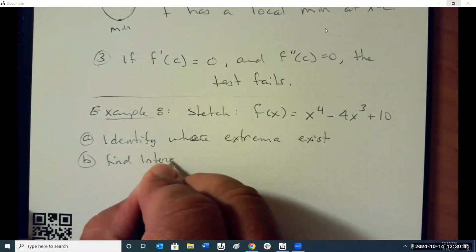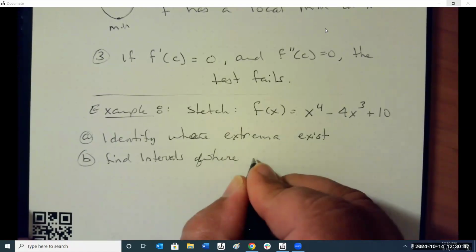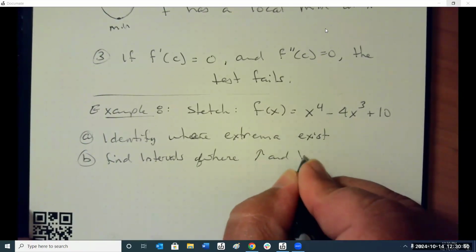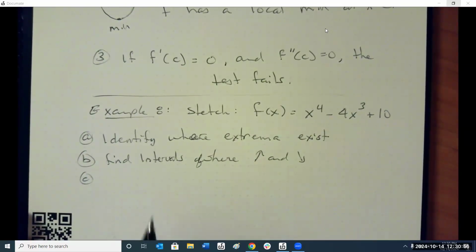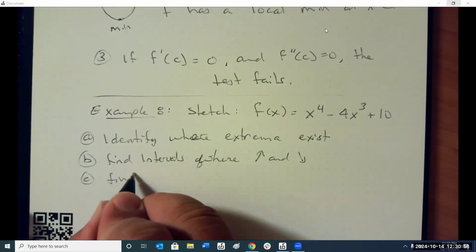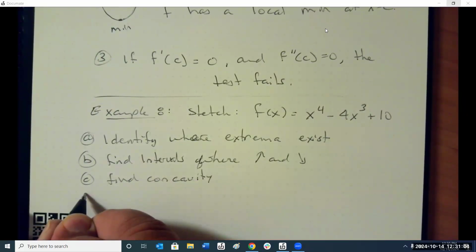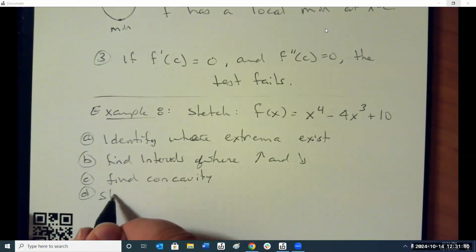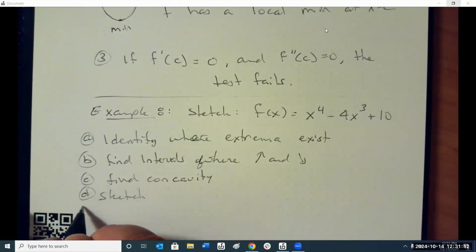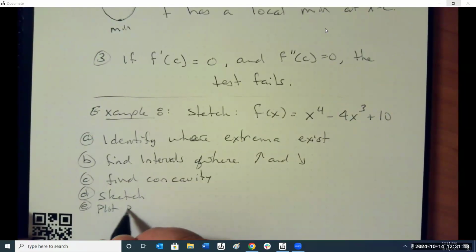Find intervals where it's increasing and decreasing. Find concavity. Sketch what you can so far, and plot points.